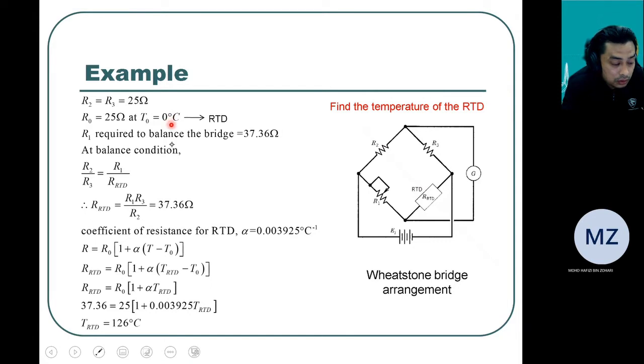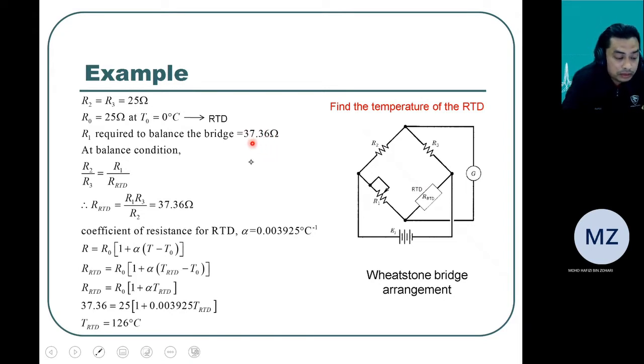R1 is the variable resistance. So to make sure that G is 0, we adjust the R1, and after we adjust and look at G is 0, then it's found that R1 is equal to this one, 37.36.